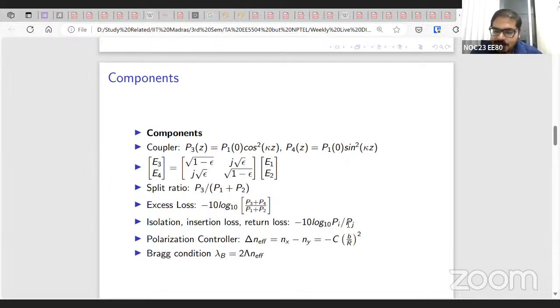Some are relating how much unwanted power you're getting at some port. So those kinds of relations. All of them follow this basic equation, but depending on the use case, you will have different names.